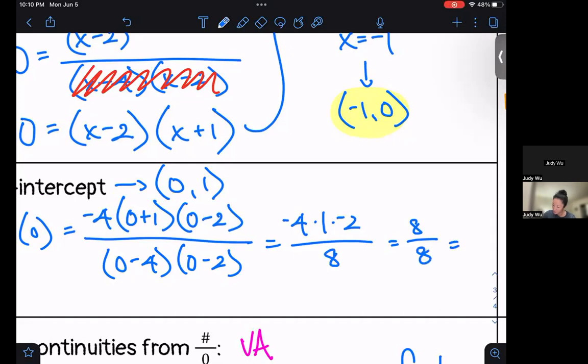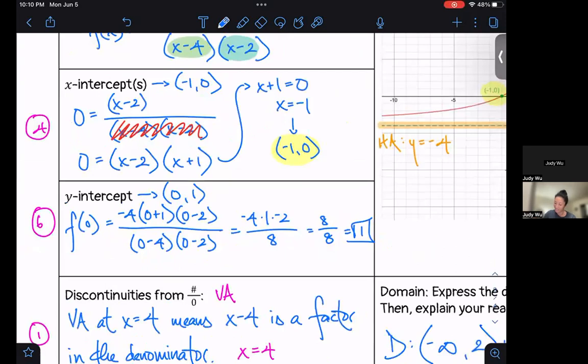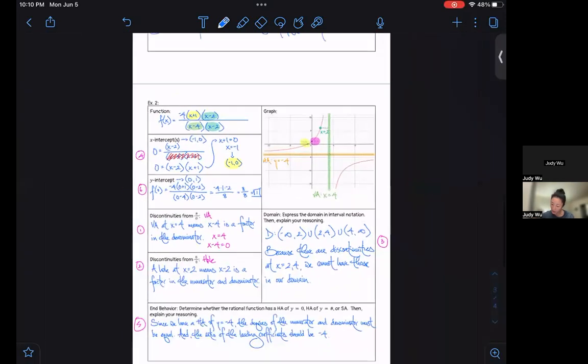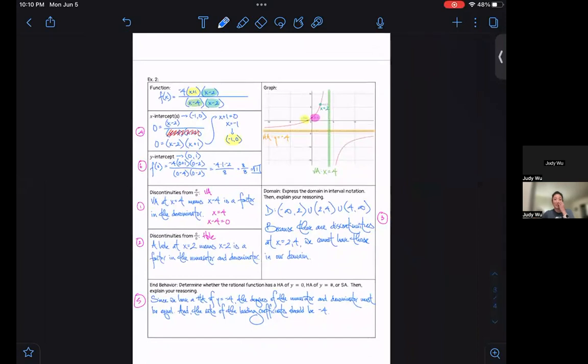All right, 8 divided by 8. Woo, that's 1. All right. That means that all the other answers we have are correct. All right, and if we zoom out so that it's all on one page for us, we can see that every single part of the graph and all of our equation pieces, they all line up, which is awesome.